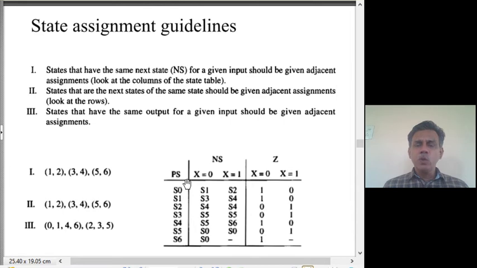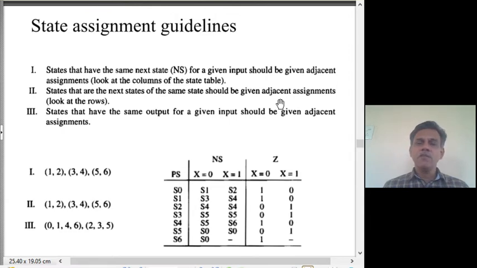Those bits have a unique pattern for every state. Each state will have a unique bit pattern that denotes that particular state. There are 7 states, 0 to 6, so we need 3 bits. Let us call them Q1, Q2, Q3. So, we need 3 flip-flops storing Q1, Q2, Q3.